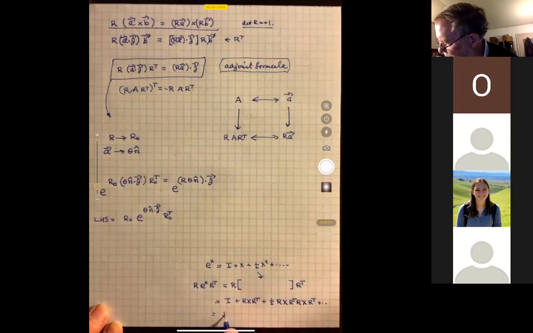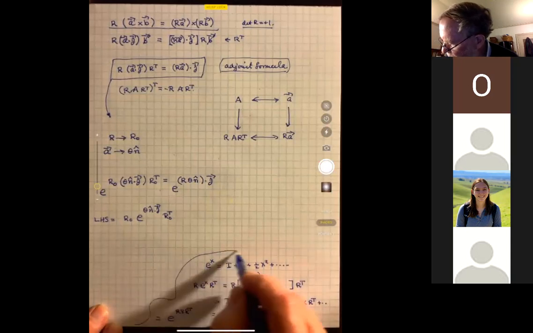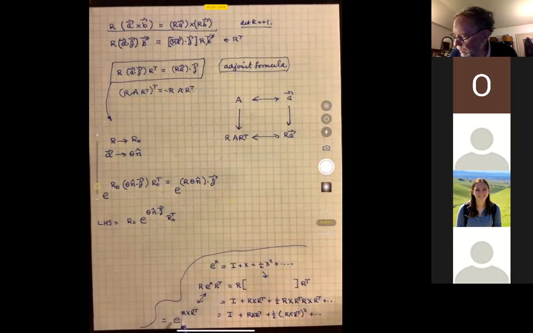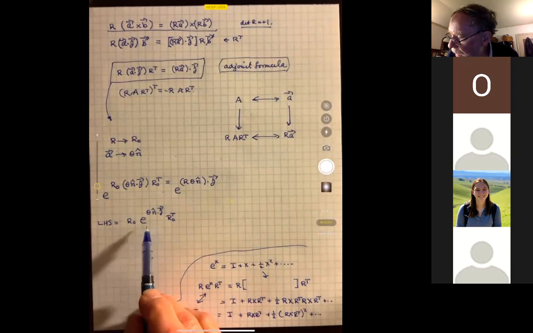And that you can see as identity plus R X R transpose plus 1/2 of (R X R transpose) squared plus dot, dot, dot. And that becomes equal to e to the power of R X R transpose. And so these two things are the same. And this just shows that you can bring the R R transpose up into the exponent, you see. All right. In any case, that explains what I did with the left-hand side here.